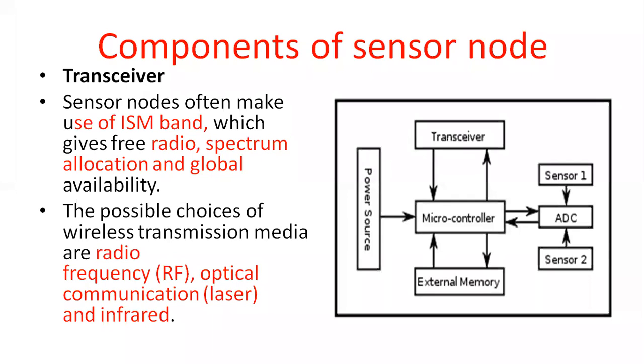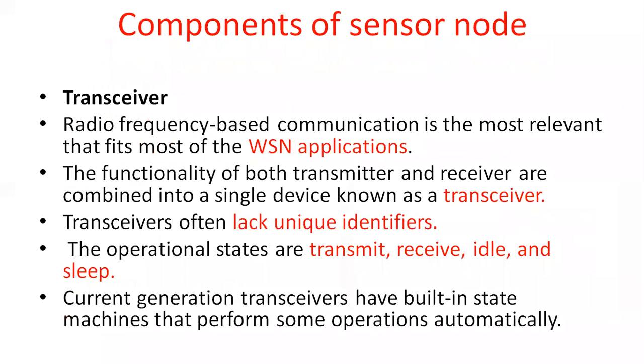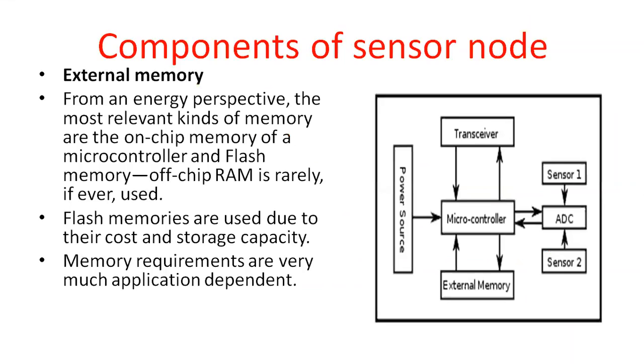The wireless transmission media are radio frequency, optical communication, and infrared. The transceiver has transmit, receive, idle, and sleep states. Transmit and receive together in one place is called a transceiver.